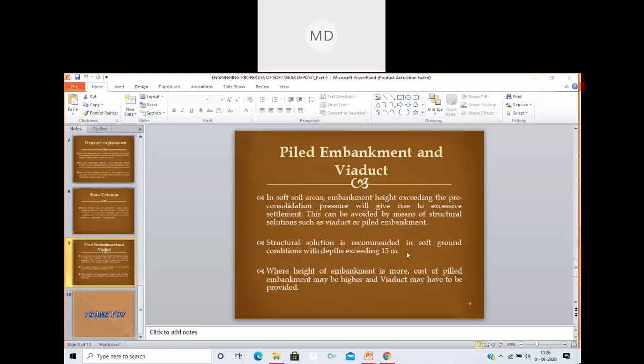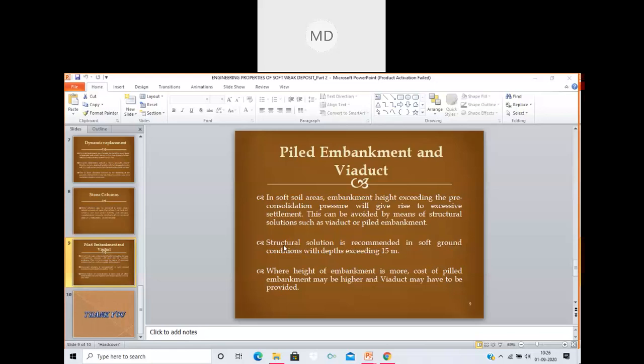But when the depth of this weak compressible deposit is more than 15 meter, we should not go for improving the soil. We cannot use those processes. It will not be economical. So we can use structural solutions, like constructing some kind of structures over that, so as to avoid those areas.